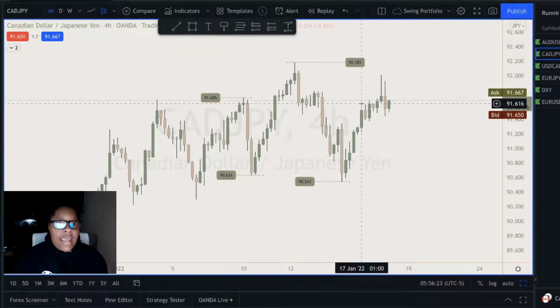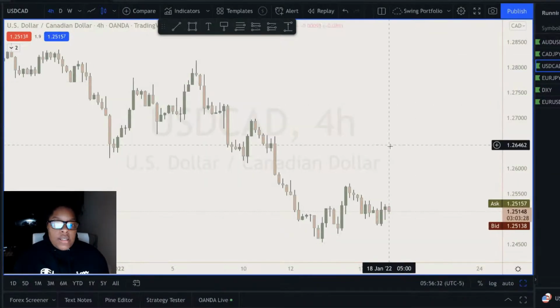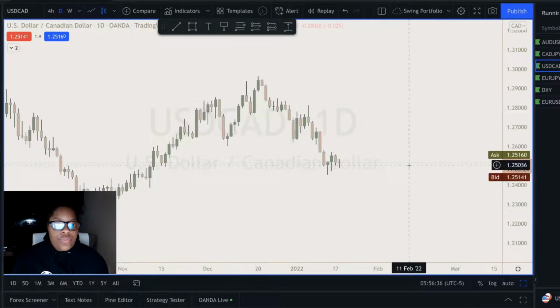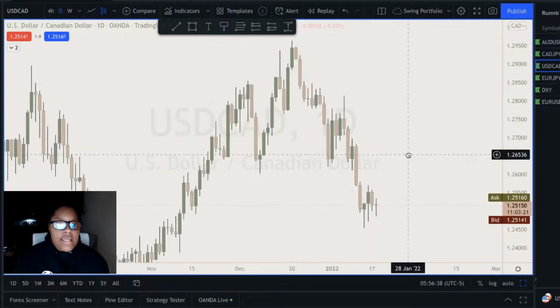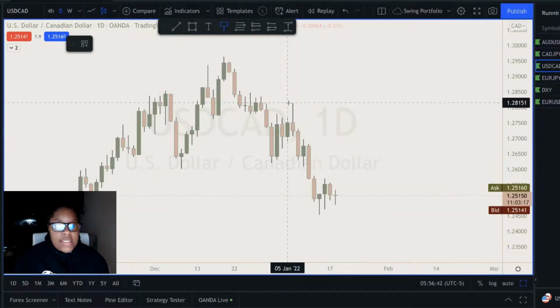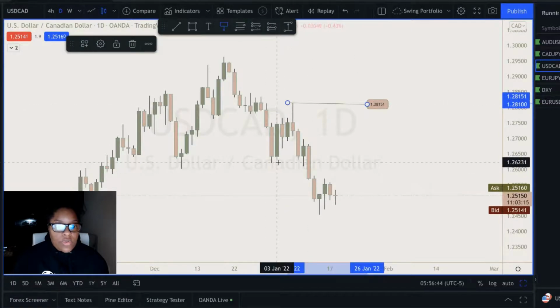Now, dealing with the CAD, this is a CAD base pair. I want to deal with a CAD quote pair, which is going to be USDCAD. So I got to go to the daily to explain this one. Looking here on the daily time frame, one thing that I'm noticing is that price is making lower lows and lower highs.